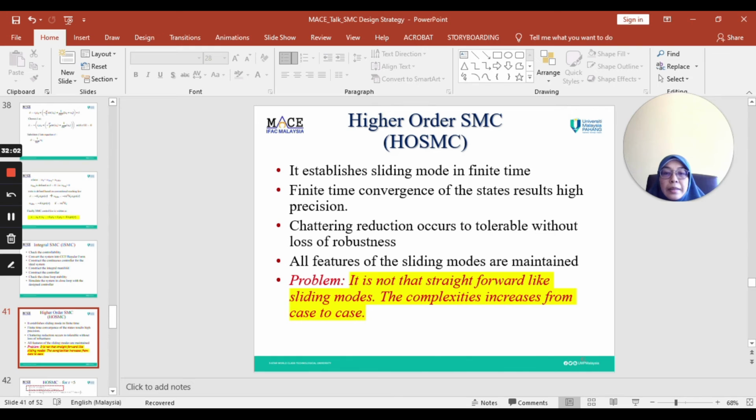All the sliding mode features are maintained. The only problem is that the design of higher order SMC is not straightforward, unlike first order sliding mode, and the complexity increases from case to case. It depends on the plant that you want to control.